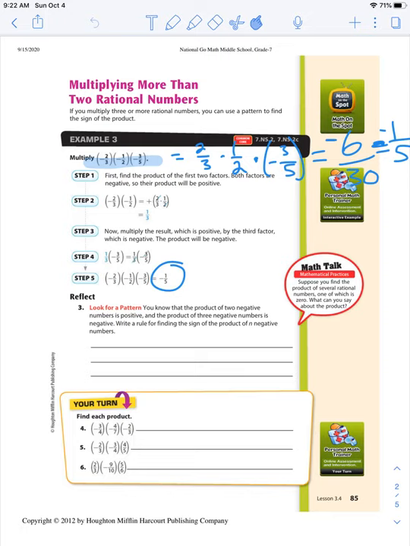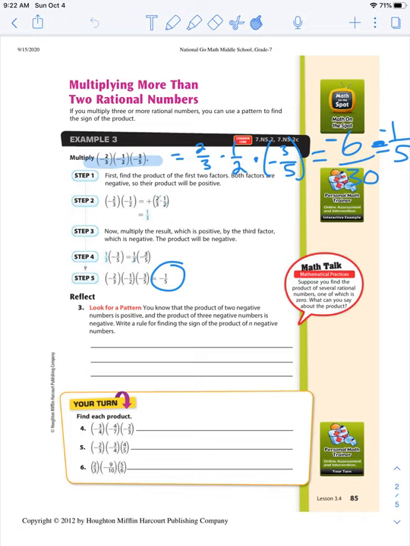So it looks like it's going every other. This sentence says, write a rule for finding the sign of the product of n negative numbers. Well, if there's an odd number of negative numbers, if n is odd, then it's going to be negative. If there's an even number of negative numbers, they're going to cancel out, and then it will be positive.